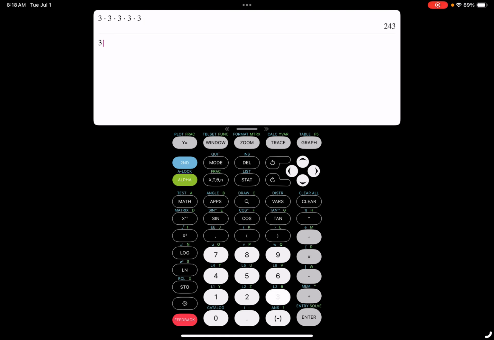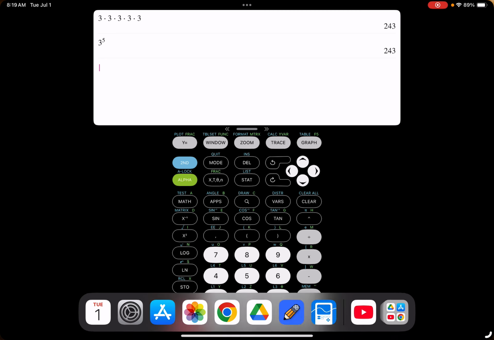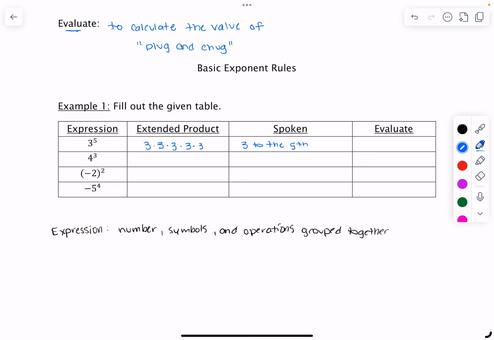Or we could hit the 3 and then hit this button underneath clear that looks kind of like a hat. It's going to pop up an exponent place in your calculator. Type in 5, hit enter, and notice you get the same thing. So 3 to the 5th power means the same thing as 3 times 3 times 3 times 3 times 3, and that's going to be 243. So when we evaluate this, we get 243.